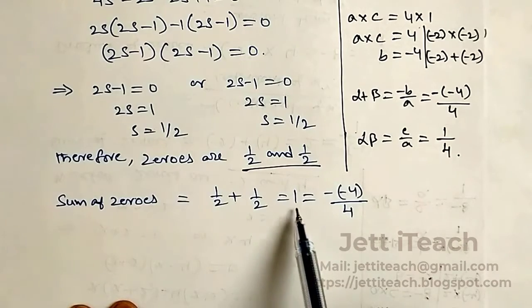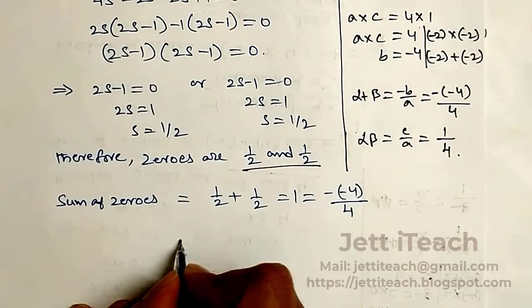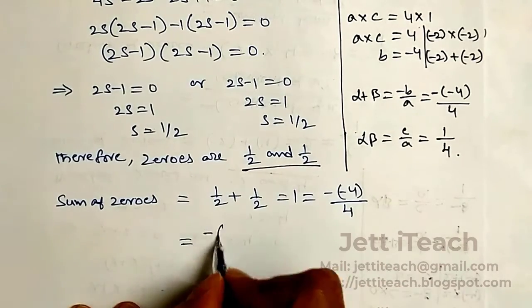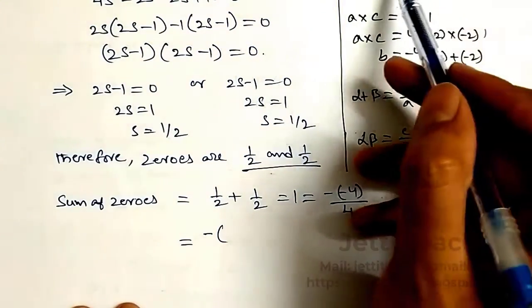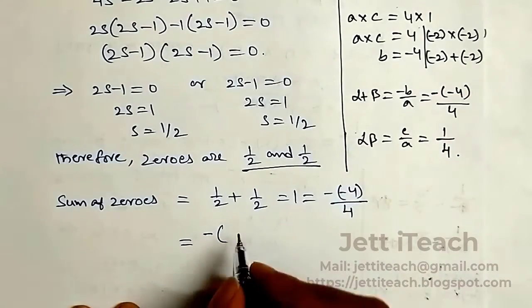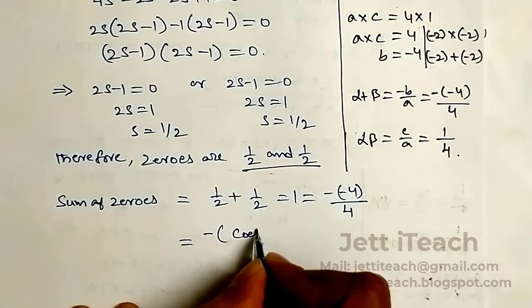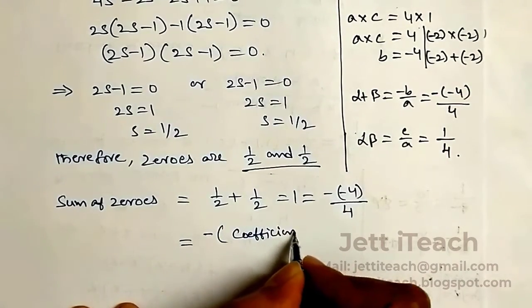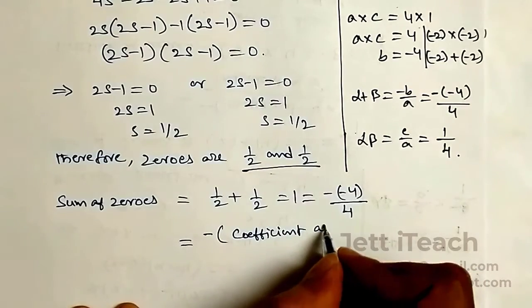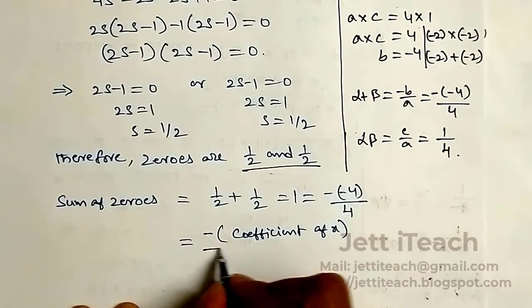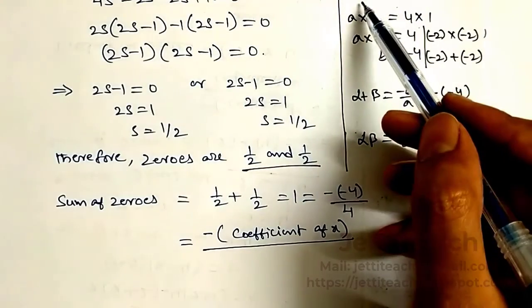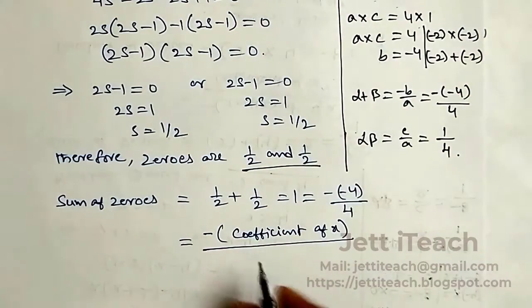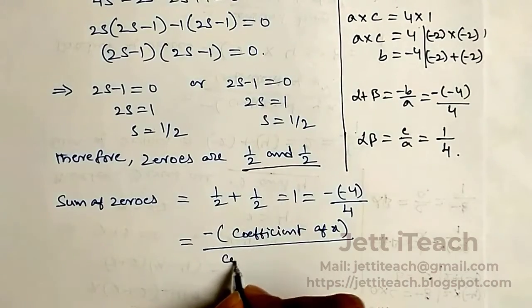Okay, it is satisfying this. Now what is minus 4? Minus 4 means b, and b means the coefficient of s. Divided by 4, 4 means a, the coefficient of s square.